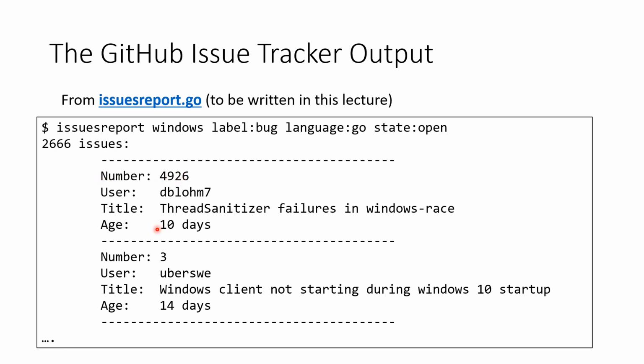And for this program in particular, we will display 4 fields for the details of each issue, including the number of the issue, like the ID number, and then the user that reported the issue, and the title of the issue, and also the age of the issue, that is how long the issue has been reported.